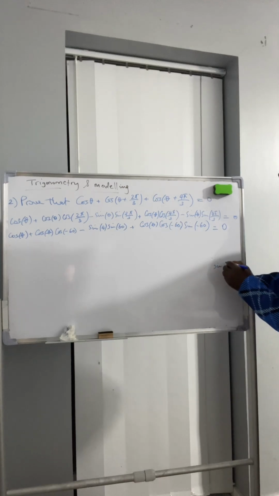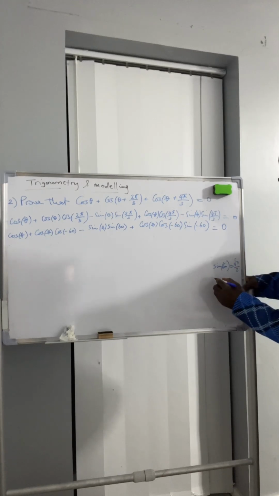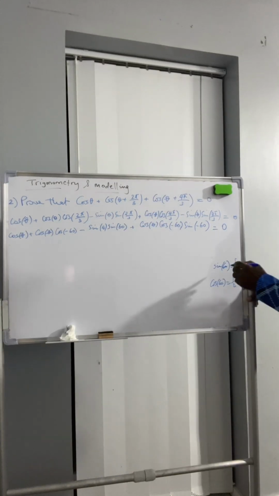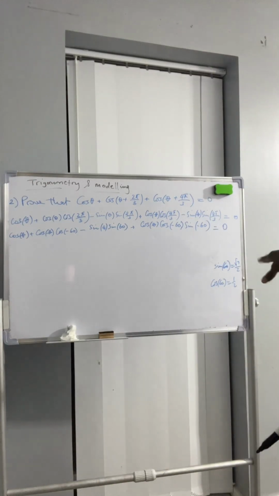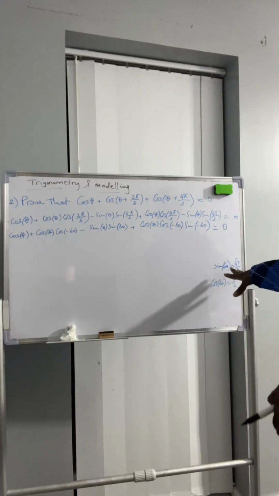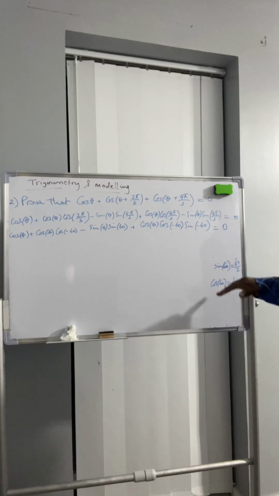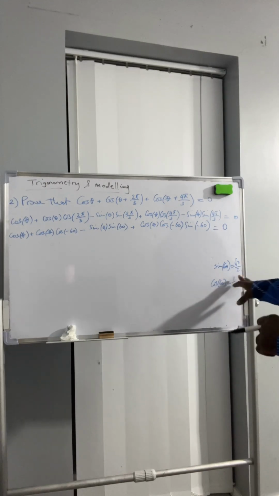You know this, I've shown you how to find these values. I don't want to go back on how to draw the triangle and extract these exact values, sin 60, sin 30, tan 30, cos 60, tan 60. So let's just use them here.